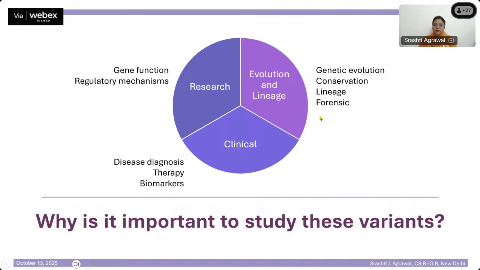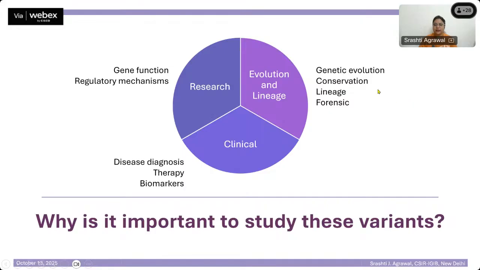Then a lot of genetic variants also have implications in evolution and lineage checking. For example, each one of us looks different, and that is possible because all of us have genetic variants present in us. So a specific component of a genome is different, which makes us different from each other. From that perspective, it is important for genetic evolution.